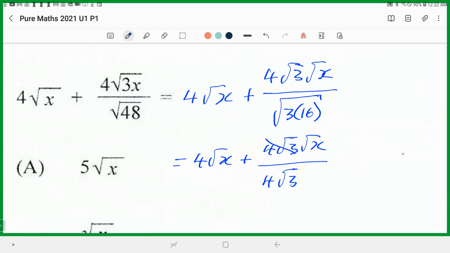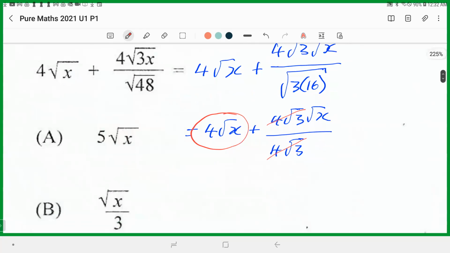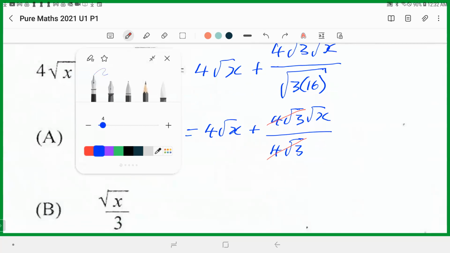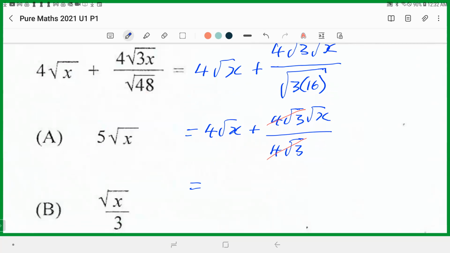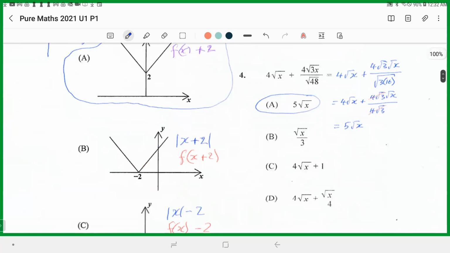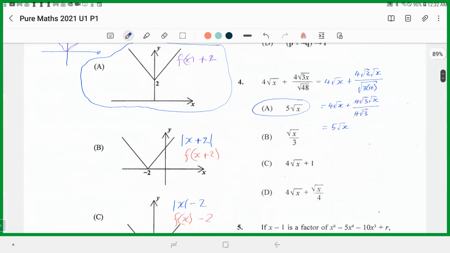So the 4 root 3 and the 4 root 3 cancel each other. I'm left with 4 root x plus root x. So that is 5 root x. So that is 5 root x equals 5 root x. So this is my answer right here. A. Easy question. Easy, easy, easy.